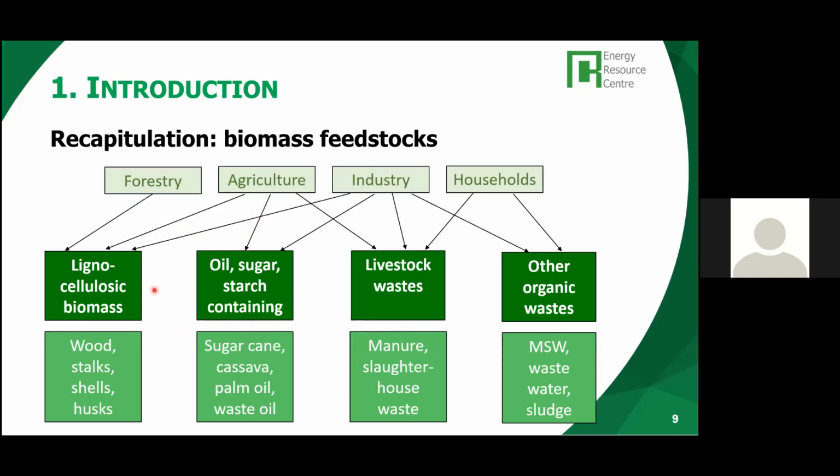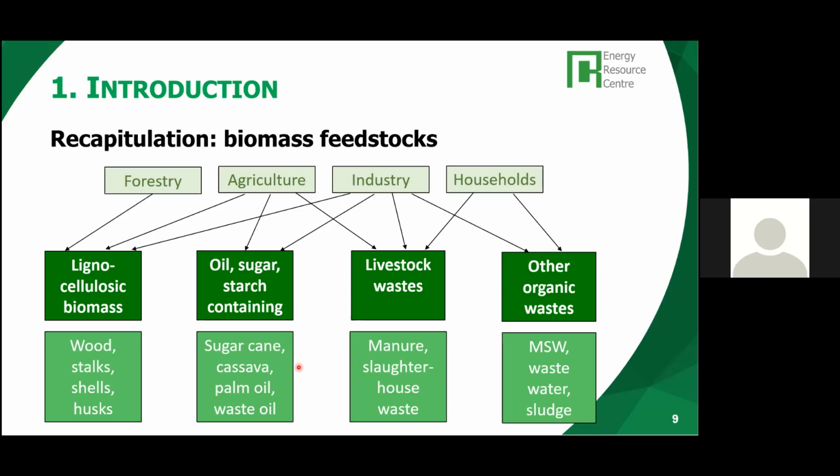We have a class of lignocellulosic biomass, which is more or less the solid types of biomass, like wood, stalks, husk, shell. And biomass which is oil, sugar, or starch containing, which can be used for the production of plant oils, or biodiesel, or ethanol fuels.